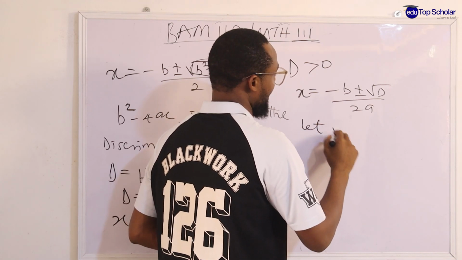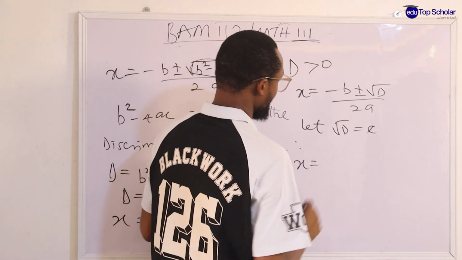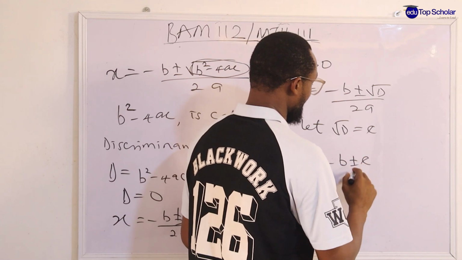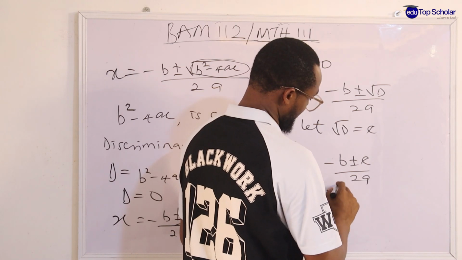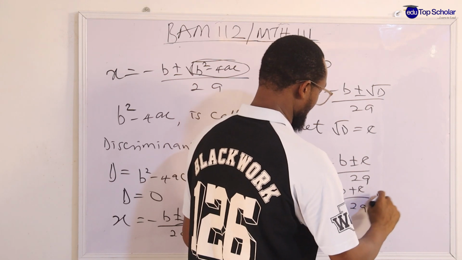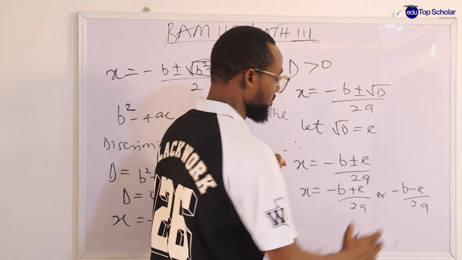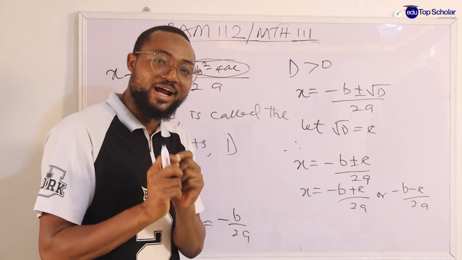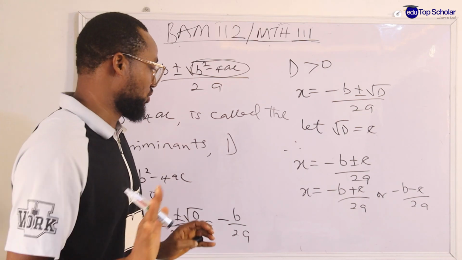Let's assume that root D gives us e. Therefore, x will be minus b plus or minus e over 2a. That is, if x equals minus b plus e over 2a, this is one solution, or minus b minus e over 2a, another solution. So we now have two different real roots, or we say we have two distinct roots.